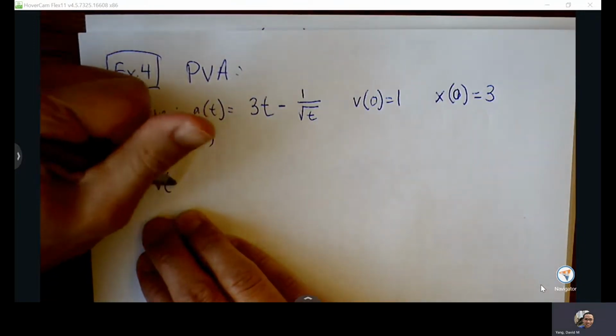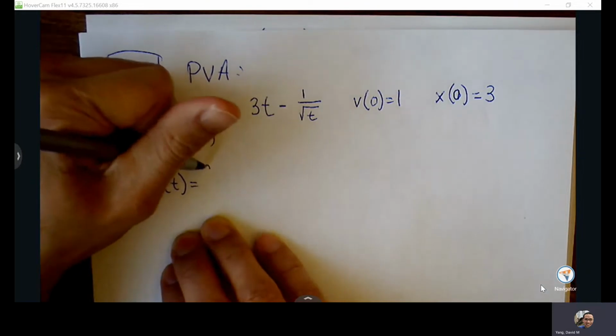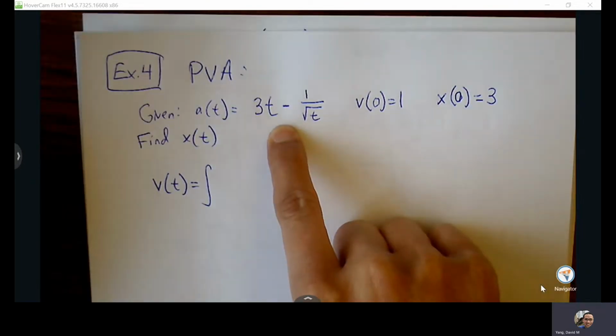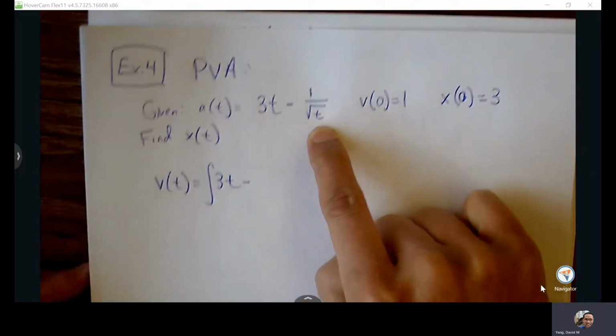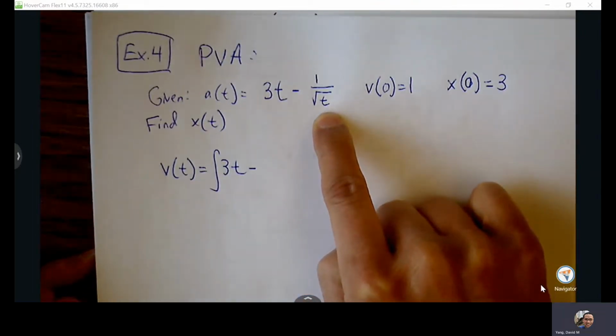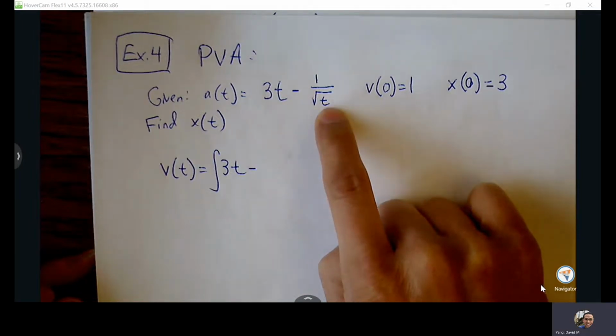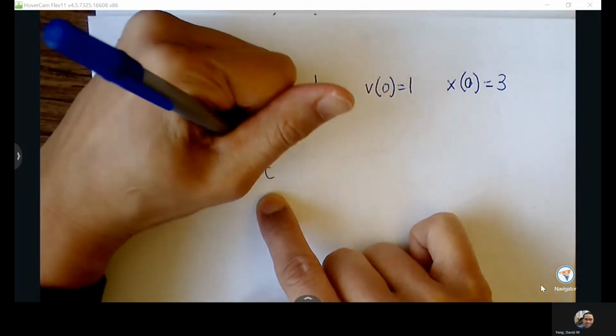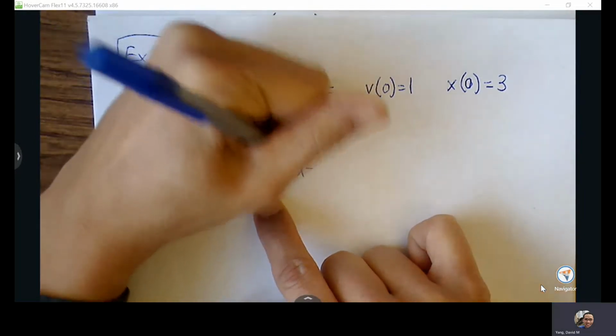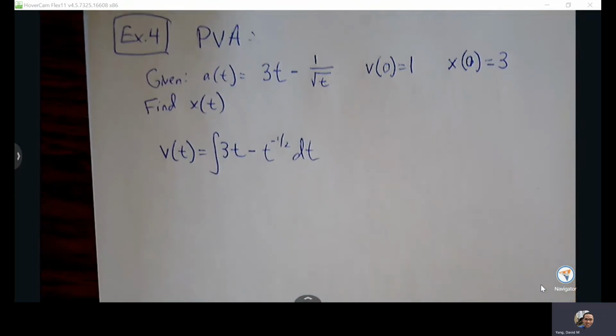If I want to find velocity, it is going to be the antiderivative of this function, right? Now, how can I get this ready for power rule? Yeah, so square root of t is t to the 1/2. We got to push it up, t to the negative 1/2. Otherwise, we won't be able to do power rule.